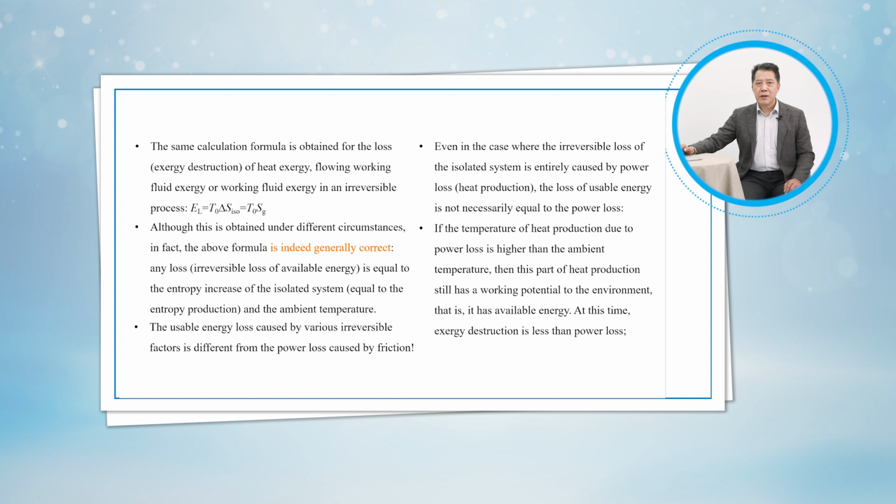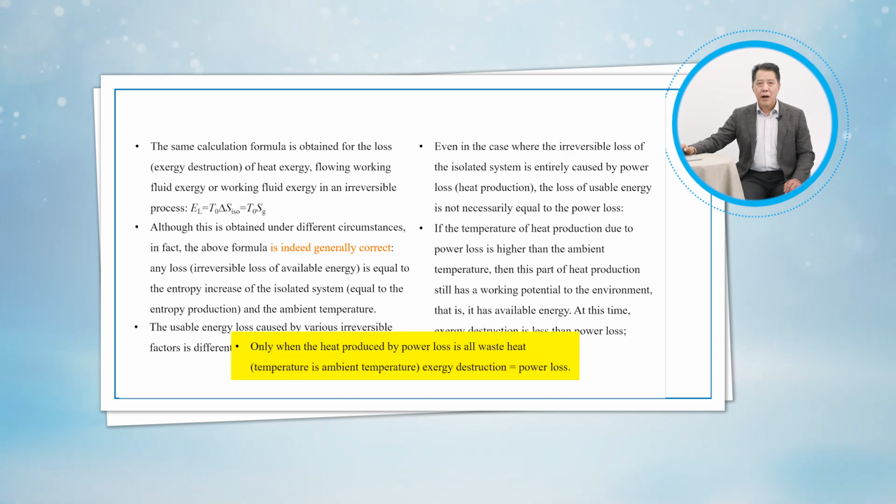If the temperature of heat production due to power loss is higher than the ambient temperature, then this part of heat production still has a working potential relative to the environment. That is, it has available energy. At this time, exergy destruction is less than power loss. Only when the heat produced by power loss is all waste heat, exergy destruction equals power loss.